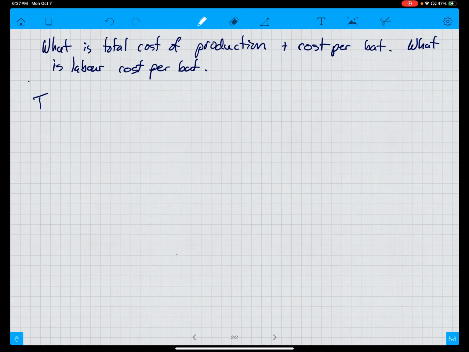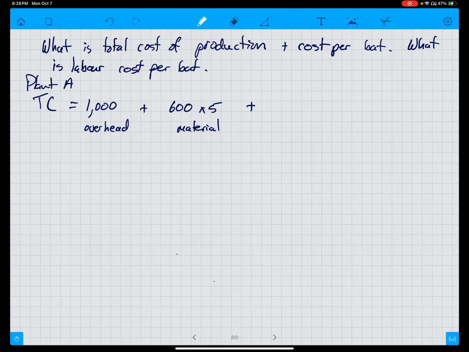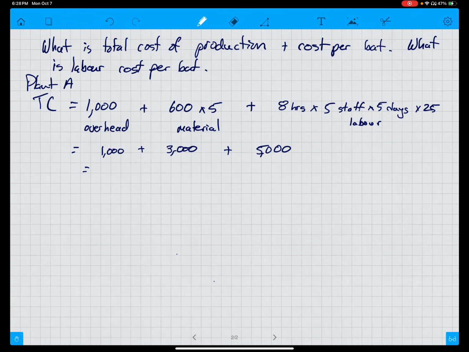So total cost, plant A, total cost is equal to 1,000, which is overhead, plus 600 times 5, which is material, plus 8 hours times 5 staff times 5 days times $25 per hour, and this is labor, is equal to 1,000 plus 3,000 plus 5,000 equals $9,000.